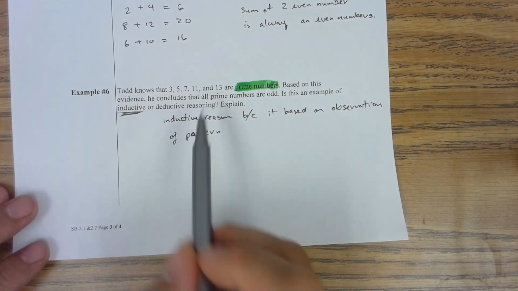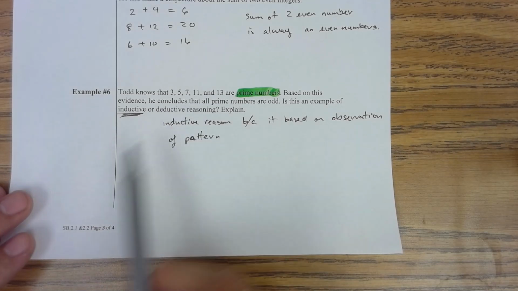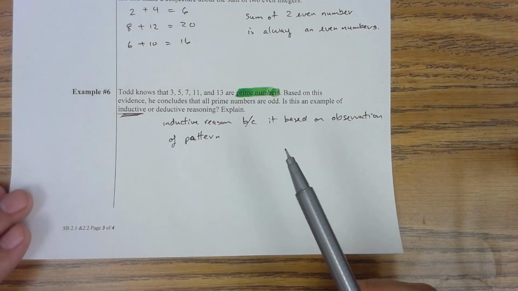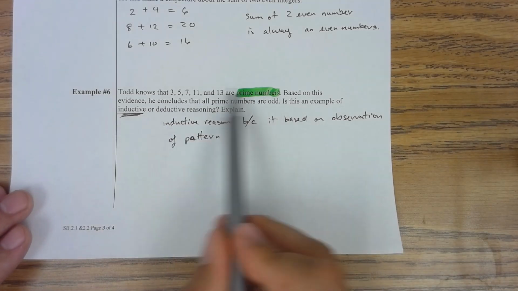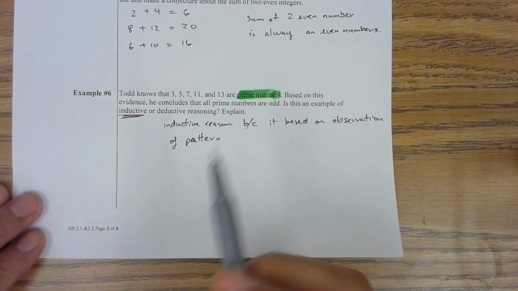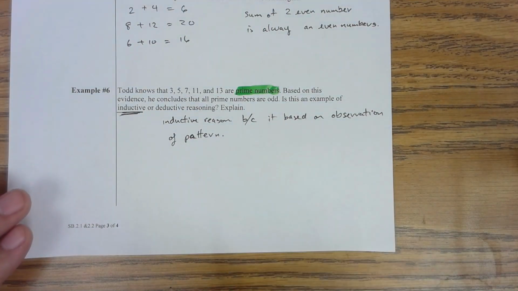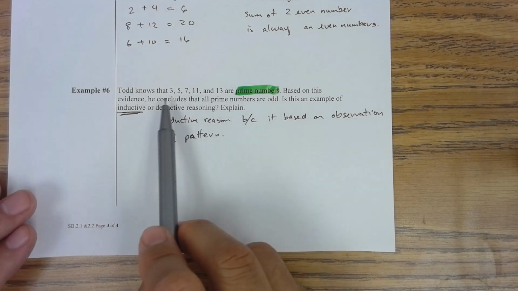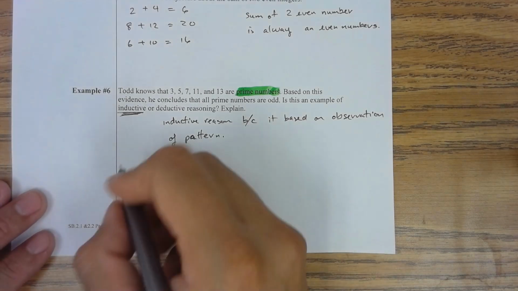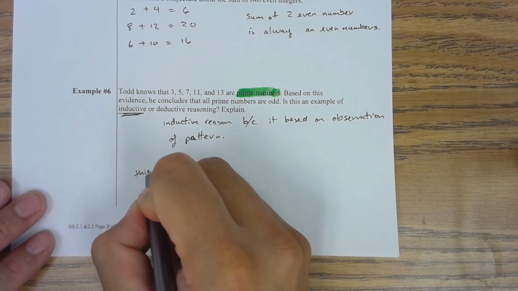Based on what we see, that we saw all the prime numbers look like odd, so therefore we think the prime number is odd. In reality, it's been proven that not all the prime numbers are odd. This is actually not true.